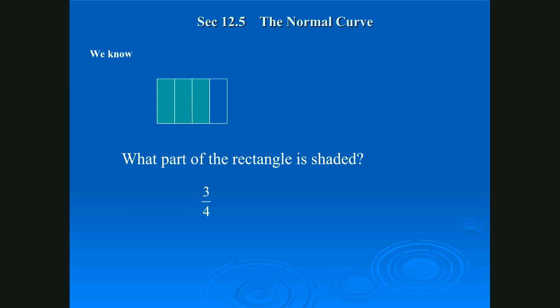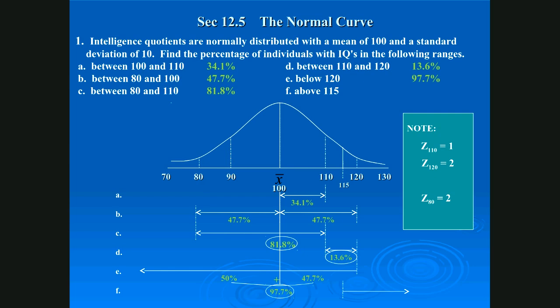Because when we find the standard deviation for 115, what we do is we count. From 100 to 110 is 1 standard deviation. And then from 110 to 115 is 5 out of the 10.